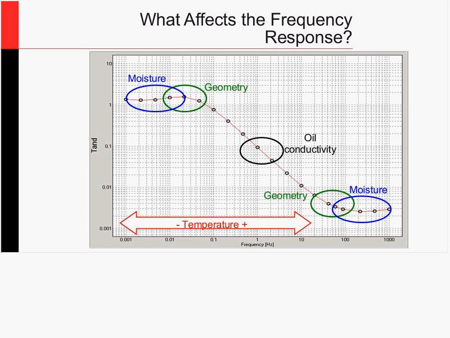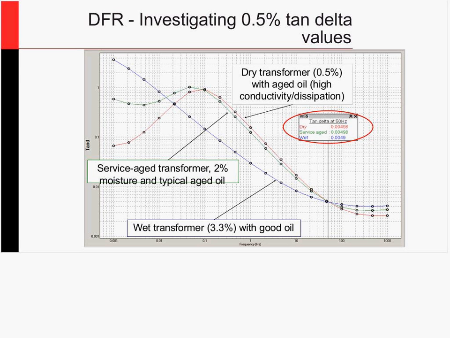This next slide, though, to me is really interesting and kind of winds up my discussion on DFR. What I would particularly note about this is DFR's ability to distinguish between moisture and oil conductivity as sources of increasing losses.